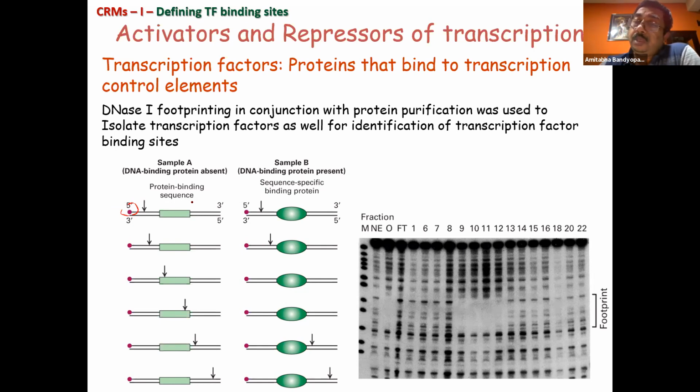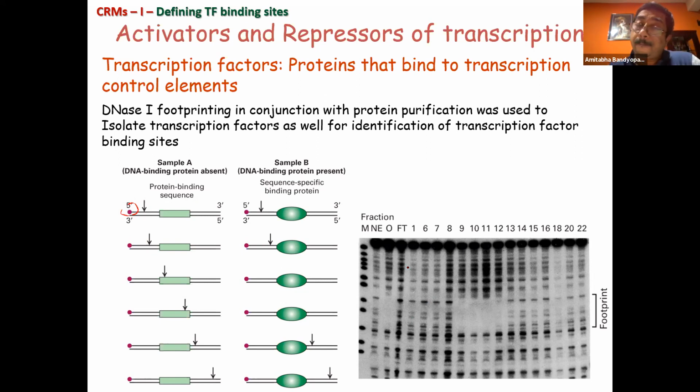Now, because you are using such low concentration, where the protein is actually bound, that specific region will be occluded, will sterically block the DNase 1 from cutting that piece of DNA. Okay? So if you are cutting randomly, you will cut in all these different positions, so you will get a ladder of DNA.